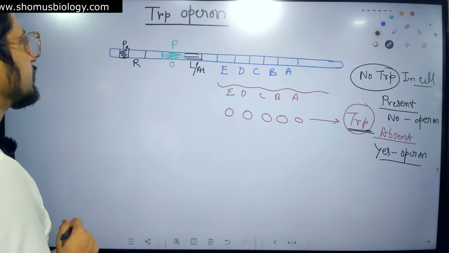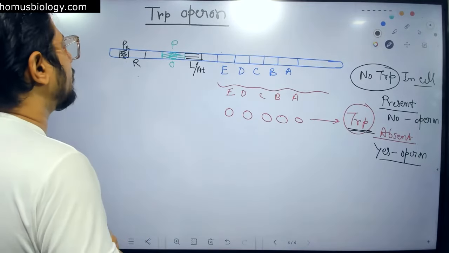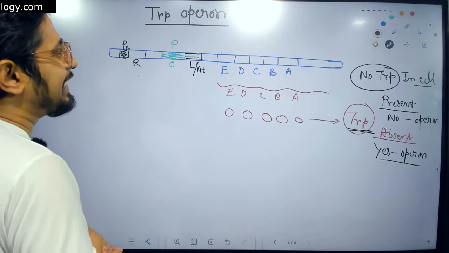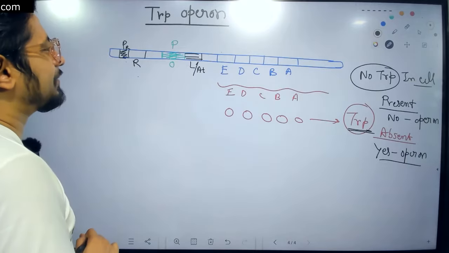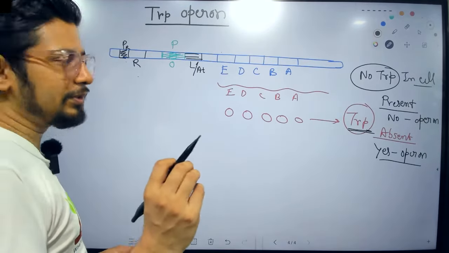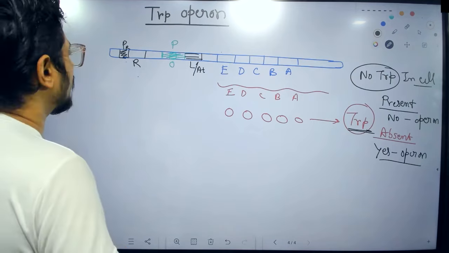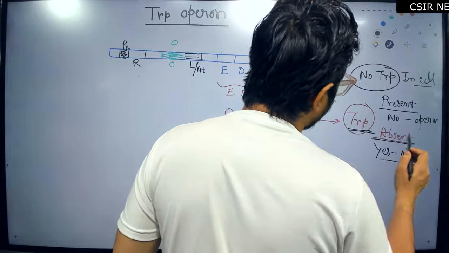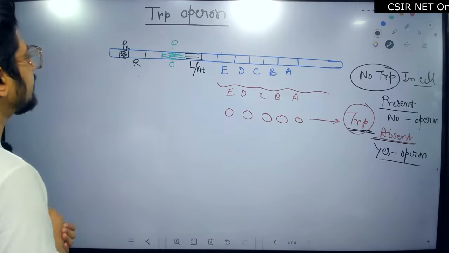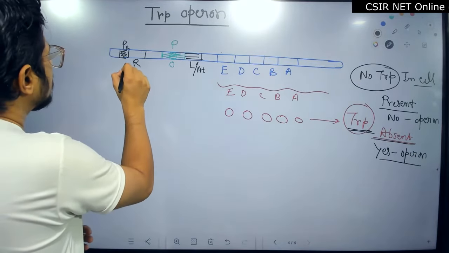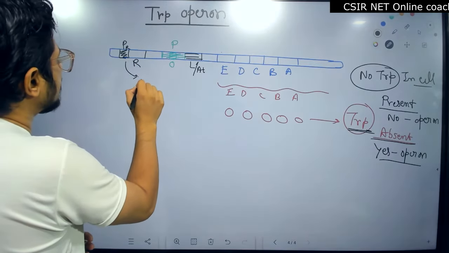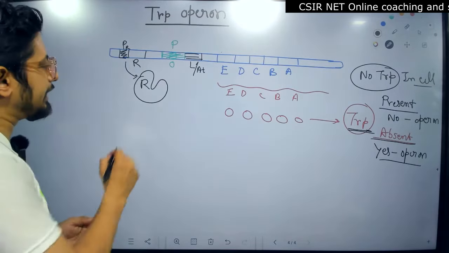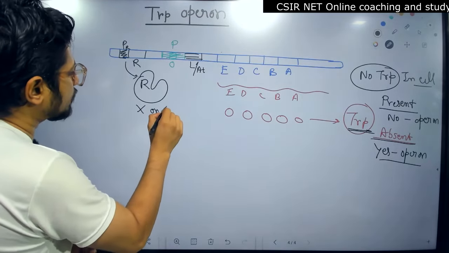So now what we are going to see at this particular moment is what happens in this operon. Let's imagine that there is tryptophan present, and there is no tryptophan present. If the tryptophan is absent, then from the repressor promoter the repressor protein is made, but this repressor protein cannot function on its own.